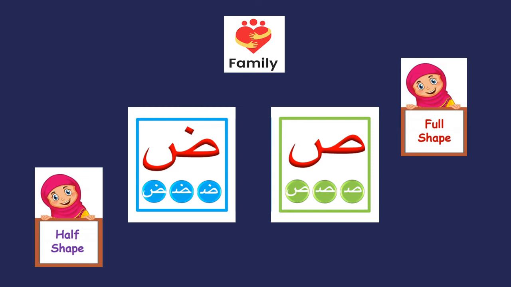Swad has two family members, Swad, Dwad. You can see their half shapes are the same, except the presence of a dot on the Dwad. Otherwise, the initial shape, the middle shape, and the final shape are the same.